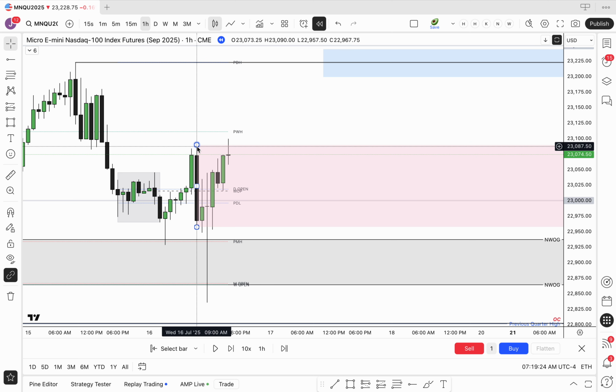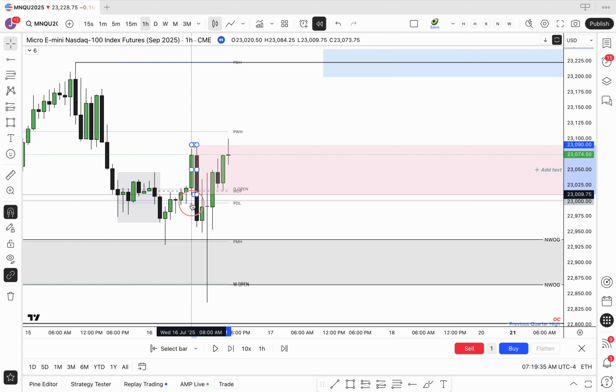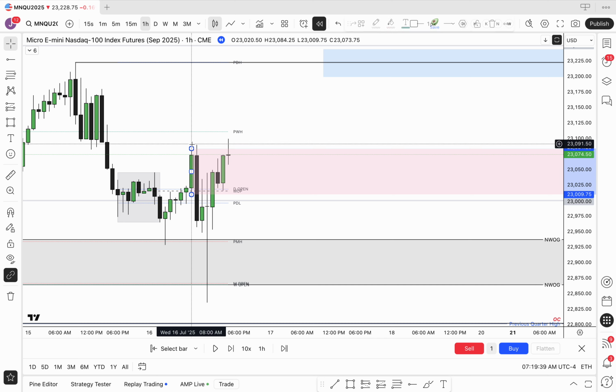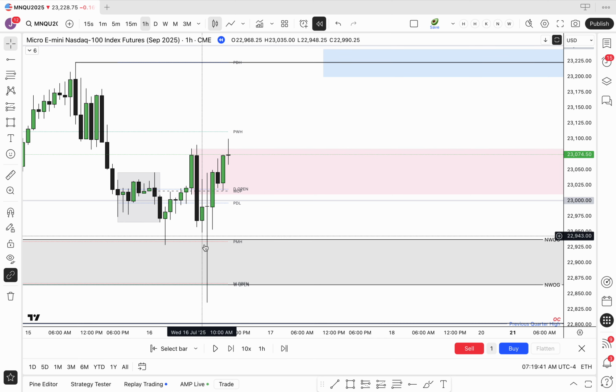So you have an order block. You have a, well, it would turn to a bullish order block. You have a breaker. So you wouldn't use the down close candle. You would use the up close candle here as a breaker. Okay.